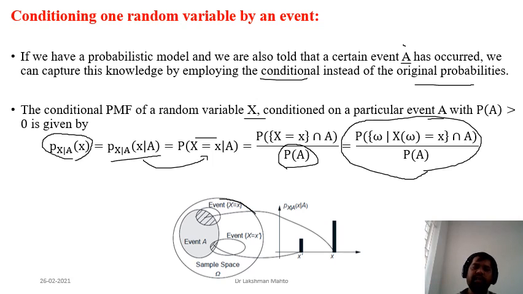But now someone is saying that A is the event we know about. That means we have some partial information regarding the sample space, and that is A. Once we know that A has already occurred, we have information about A.